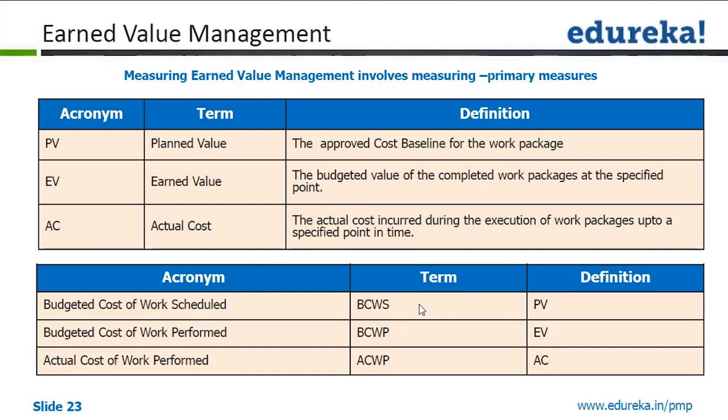You will most probably get PV, EV, AC, but sometimes you also get some older questions, and that's the reason this is mentioned here. BCWP, that is budgeted cost of work performed, is earned value. And ACWP, actual cost of work performed, is your AC. PV, EV and AC are the three different terminologies used in calculation of earned value.